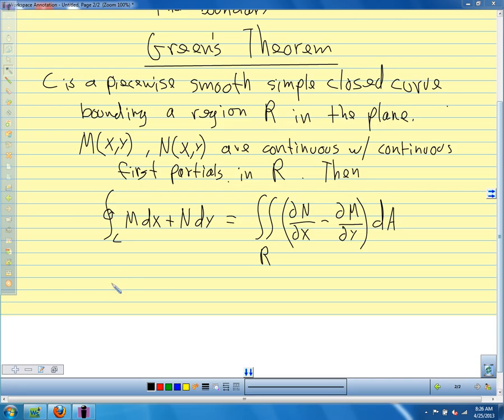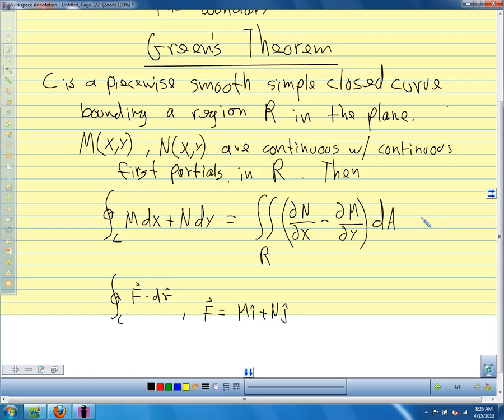We could write this as the line integral around C of F dot dr, where F is Mi plus Nj. Those are equivalent.